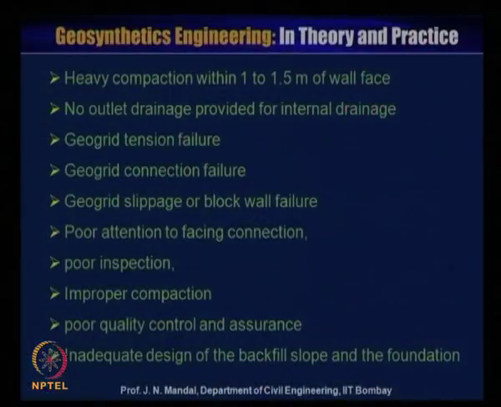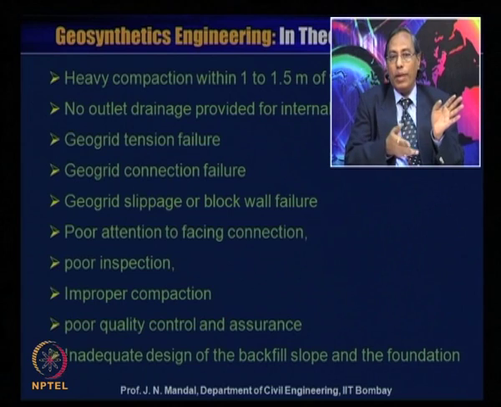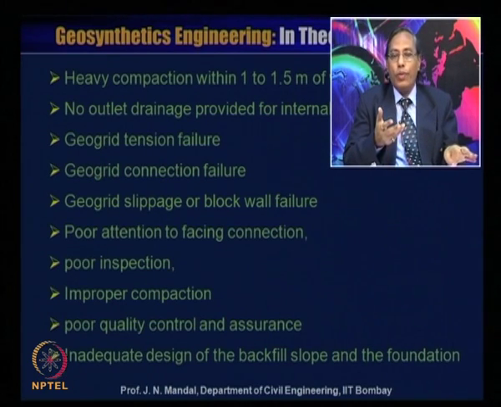No outlet drainage provided for the internal drainage. You find sometimes a reinforced wall has been constructed, but with no outlet. You don't know how the water can pass through. And regarding the placement of the pipe, you can check the water level.